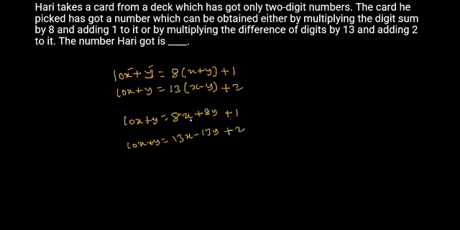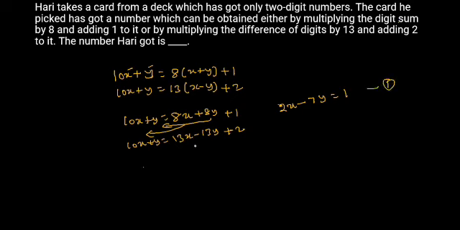Okay, now try to simplify this. When you bring the 8x to this side, it will become 2x, and when you bring the 8y to this side, the result will be 2x minus 7y is equal to 1. This is called equation number 1.